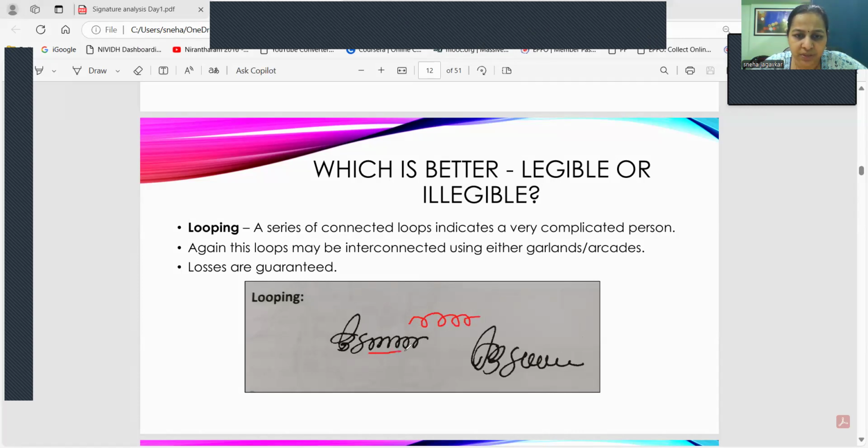This is all loops. This indicates that the person is a very complicated person. The loops may be interconnected either using garlands or arcades. And in any kind of thing that they're doing, losses are guaranteed. Be it a relationship, a profession, business or anything. Whatever they do, they're going to end up losing everything.